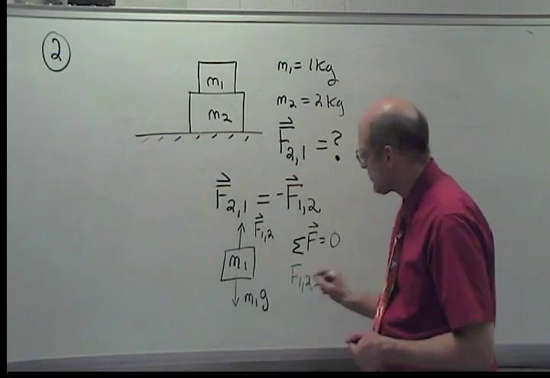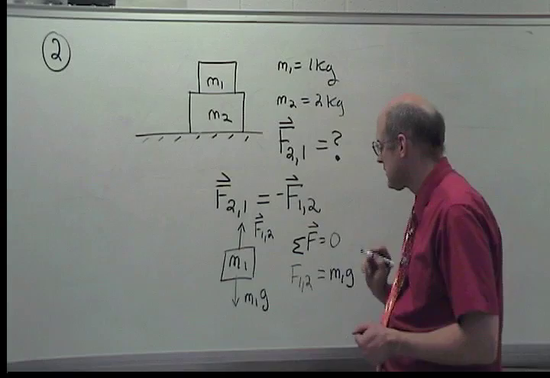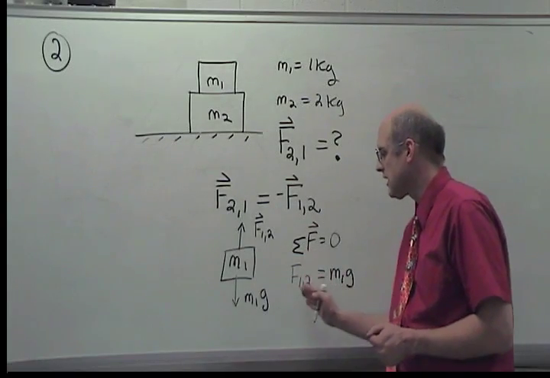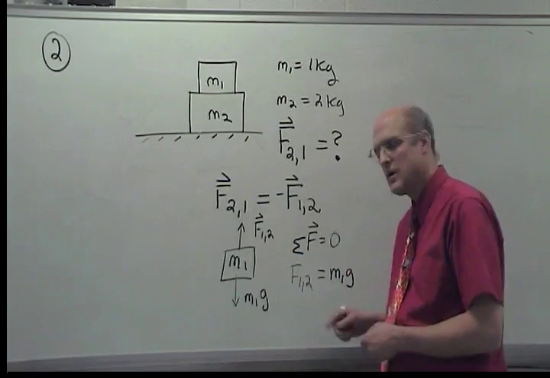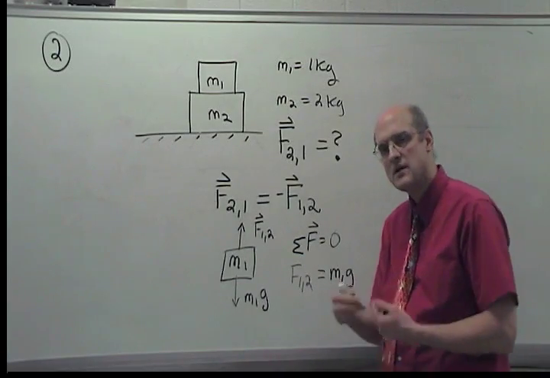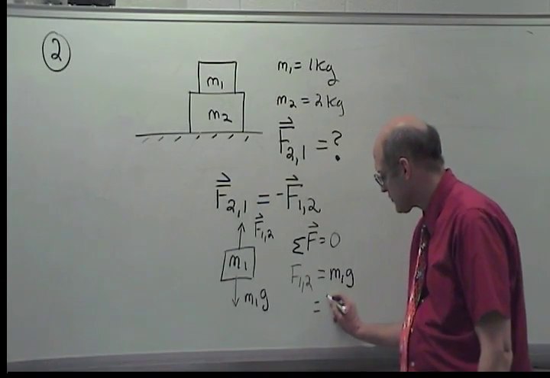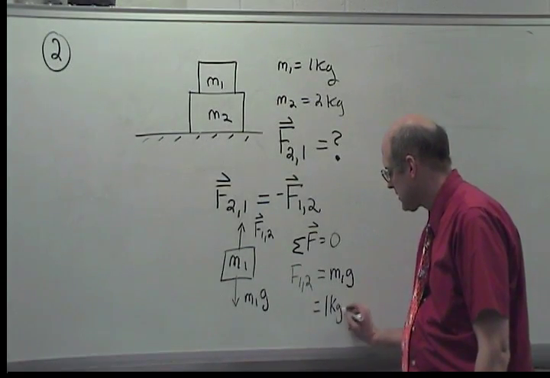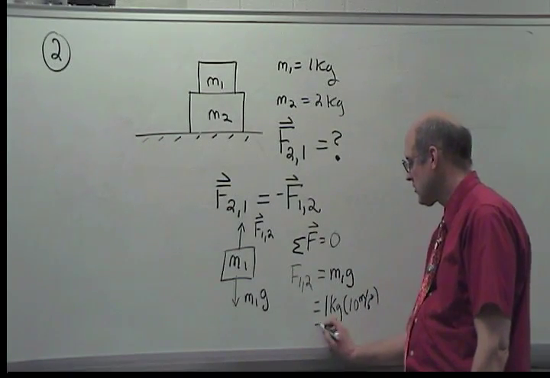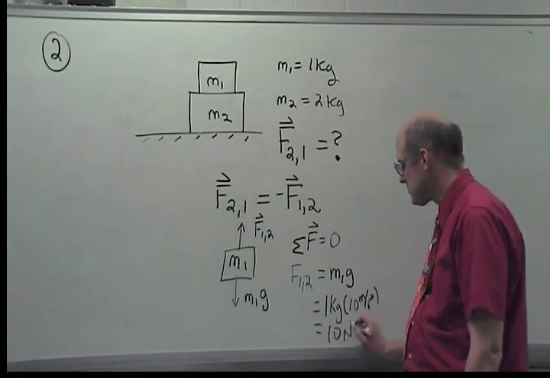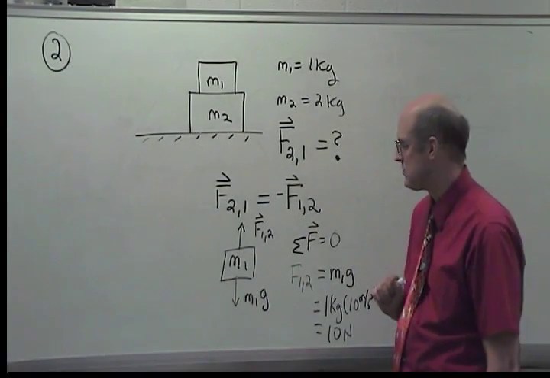And then down we have M1G. So the force on mass 1 due to 2 is equal to the mass of 1 times the acceleration due to gravity. So we have 1 kilogram multiplied by 10 meters per second squared, or 10 newtons. So F21 then is equal to 10 newtons.